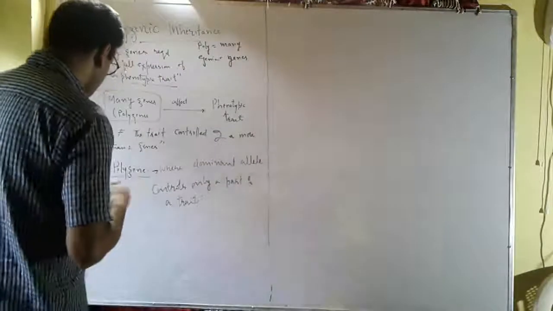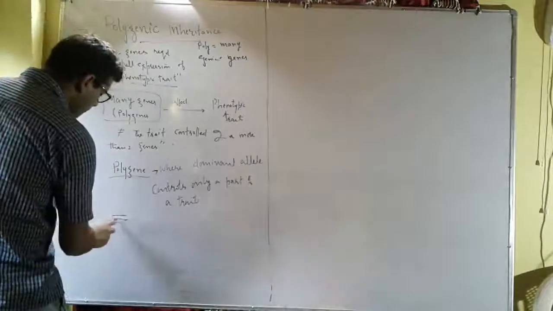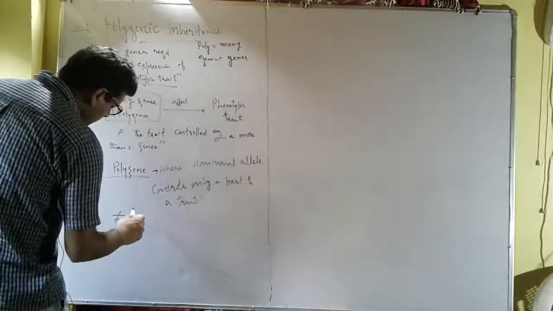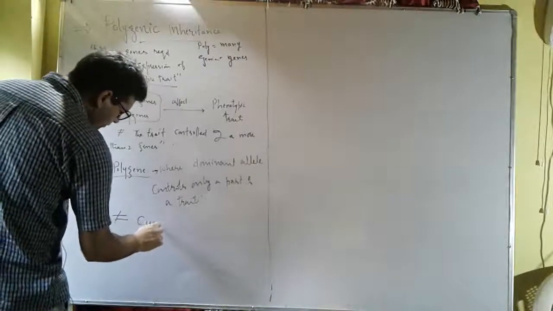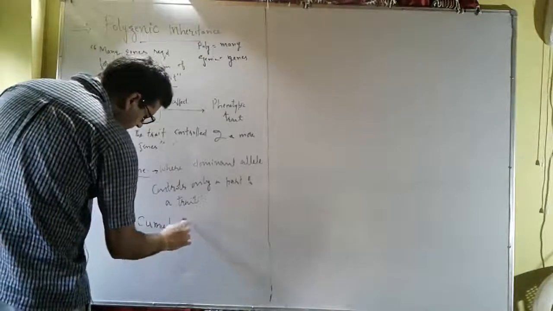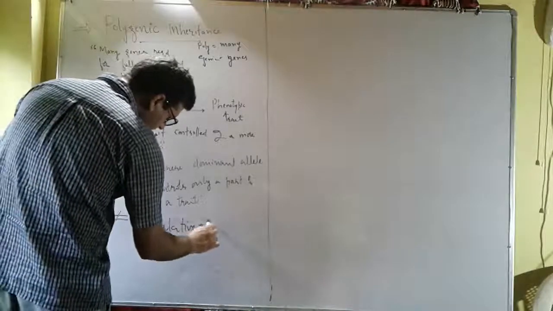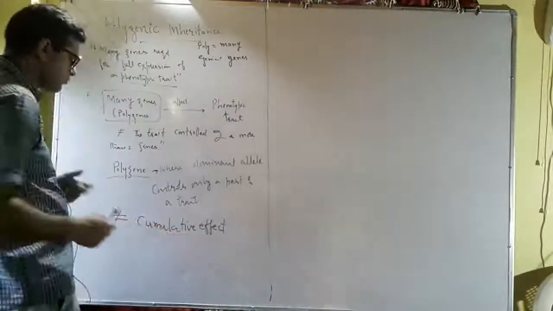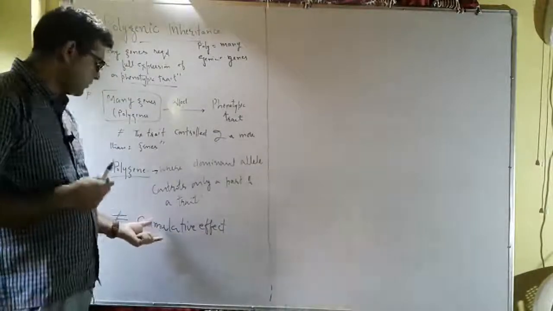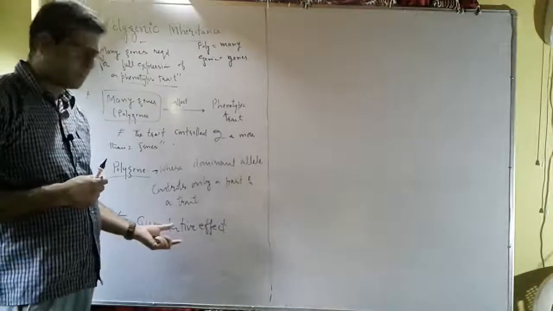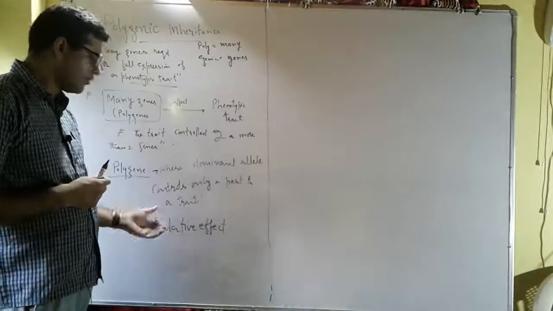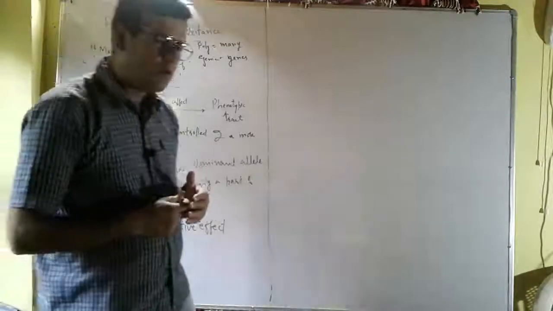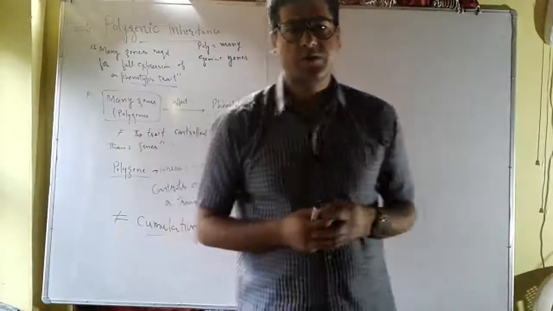That means these dominant alleles show a cumulative effect. This cumulative effect is also called the additive effect. The full expression of the phenotypic trait occurs only when all the dominant alleles of the polygenes are present.